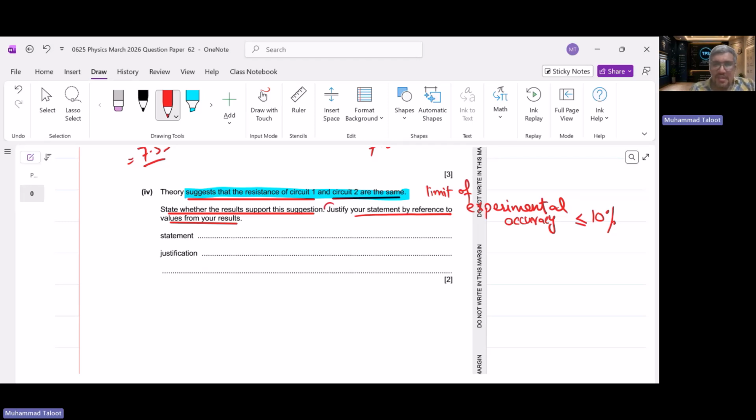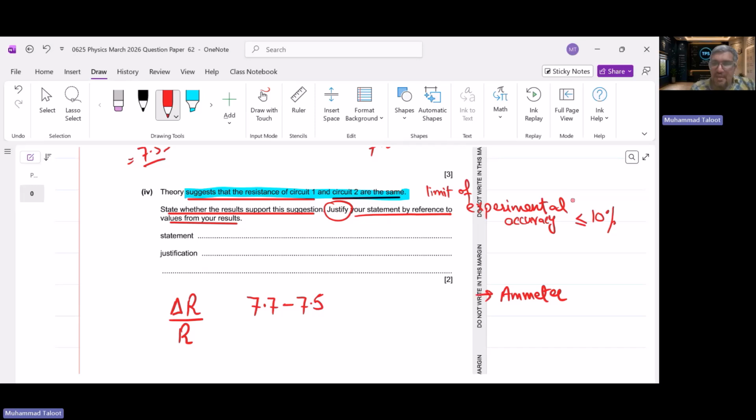So how will you give the justification by reference to those values? I know one value is 7.7, the other value is 7.5. You will be taking the change. So I write here: change in resistance divided by the resistance value. So two values are here, and we have ammeter and voltmeter readings.